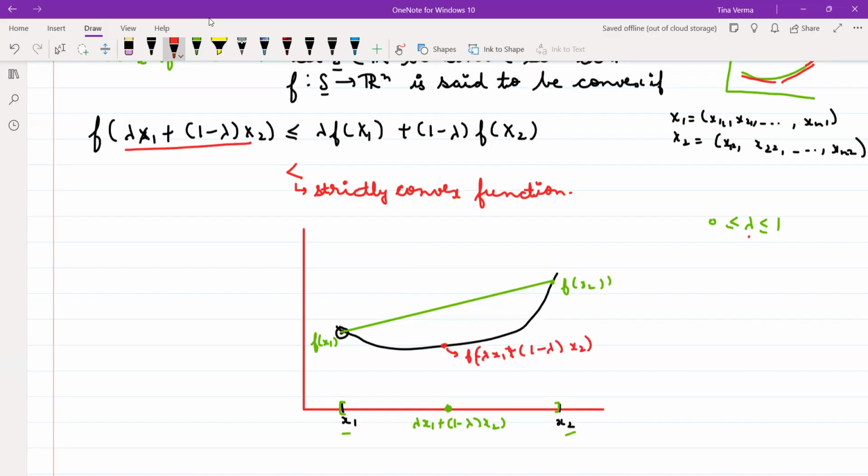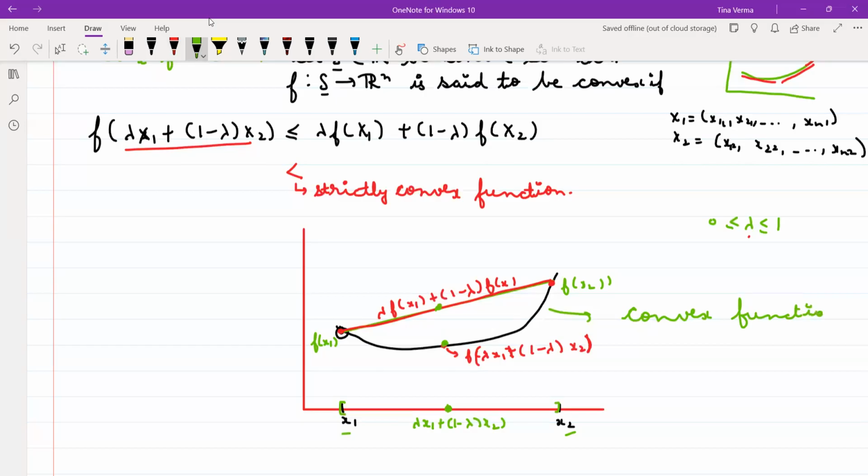This is the value at f(x1), this is the value of f(x2), and if you join them by a line, this is my line lambda f(x1) plus (1 minus lambda) f(x2). You can notice that this value will be in this interval, so this value is less than or equal to this. That means this is my convex function.